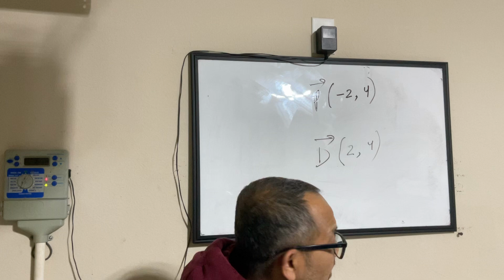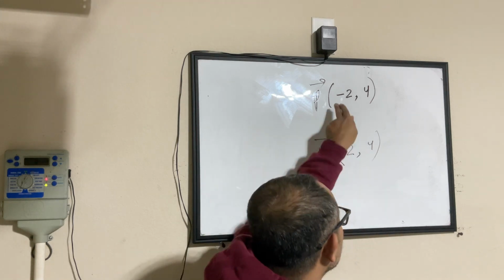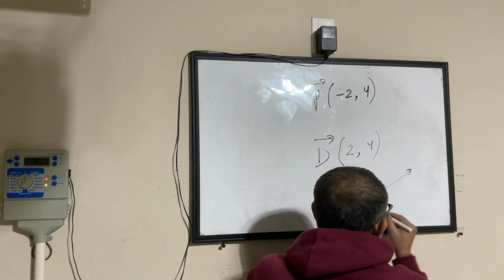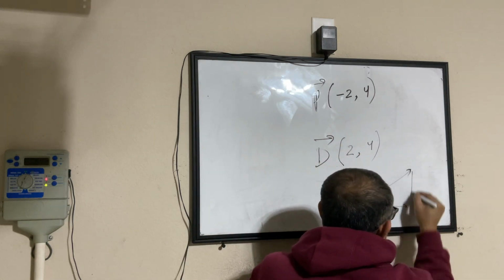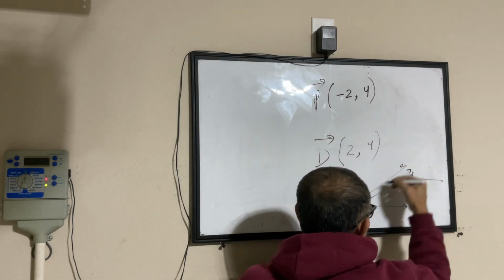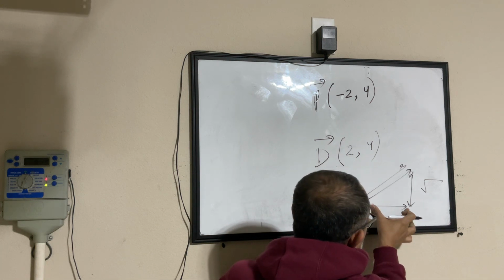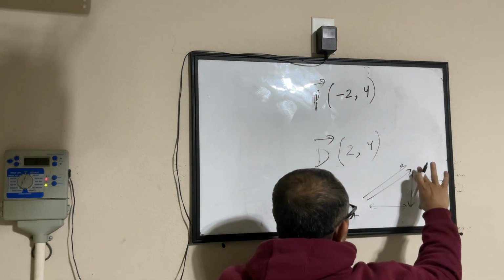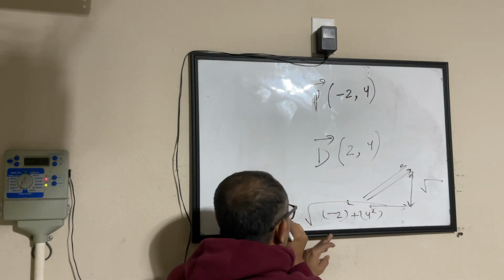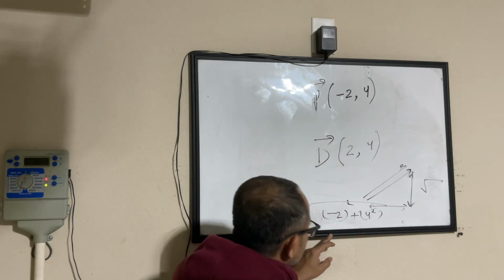Now from this one, can I find out the magnitude and direction? I have x and y components. If you have to find out the magnitude, we know that magnitude is the square root of x squared plus y squared. So the magnitude of pressure will be the square root of (-2) squared plus 4 squared, and this is how we represent this.